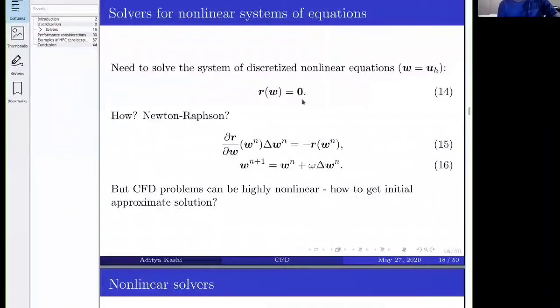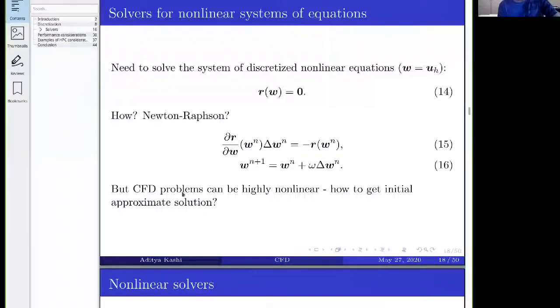One immediate thing that comes to mind is Newton-Raphson.